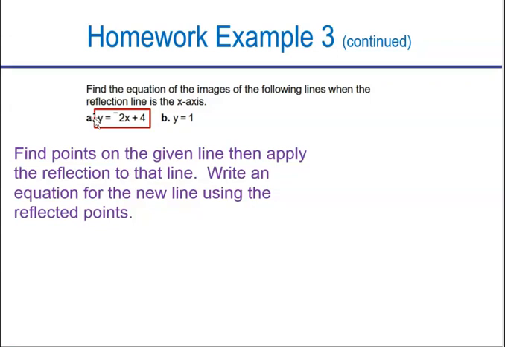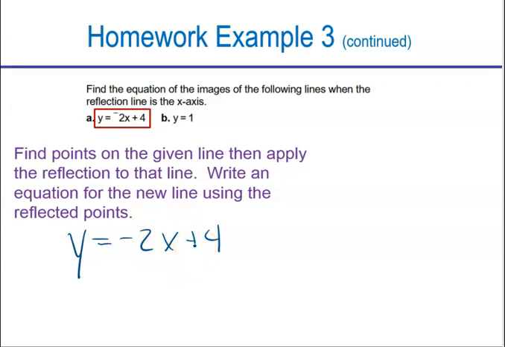Okay, so here's what I'm asking. I need some points on that line. So we can plug in whatever you want, but I am focused again on the line y is equal to negative 2x plus 4. So you know the rules. You can plug in anything you want for x, and it's going to spit out the y coordinate when you plug it in the equation.